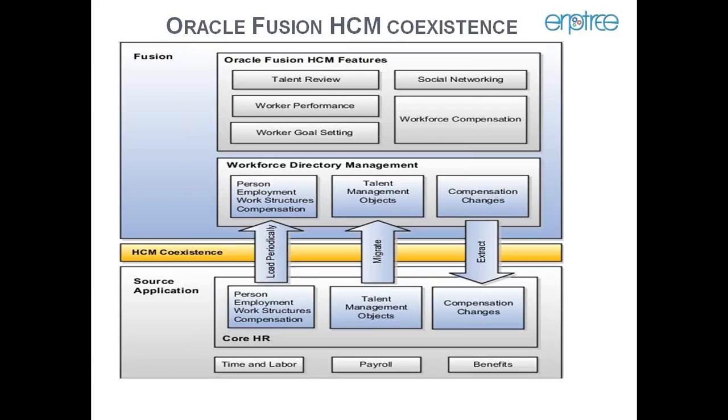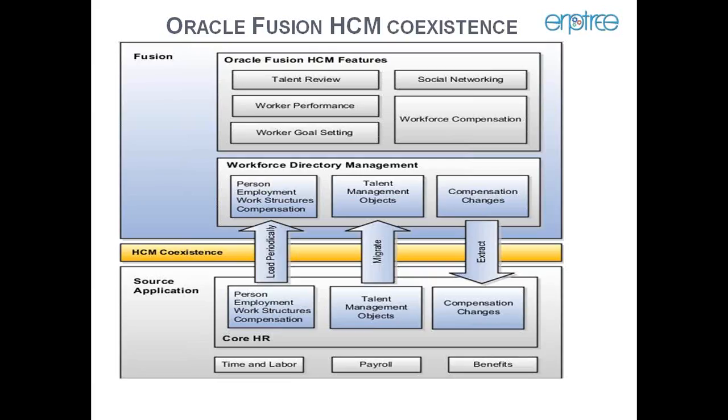So what is happening here basically, if you can see, from the third party the data is getting migrated to the Fusion application periodically. Based on the talent and compensation, things get calculated, and then that comes back to the third-party application for their maintenance.